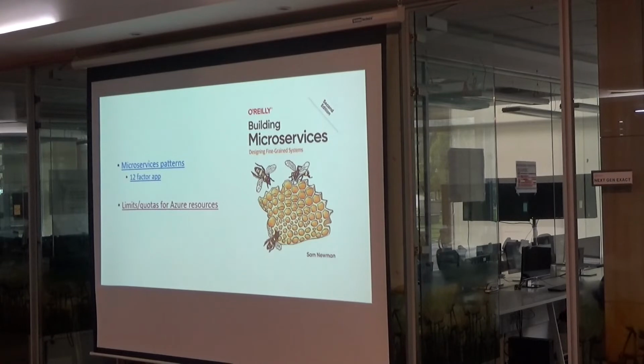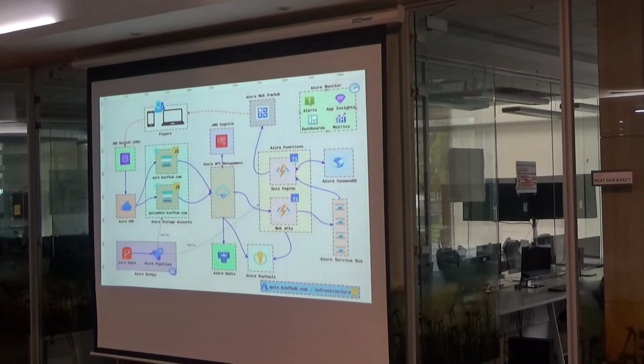You can look at it. So this is what the architecture looks like. It's mostly Azure. There is a little bit of AWS thrown in there, and the reason for that is contractual. ConfHub, the parent website for managing conferences and ticketing and all those things, was originally developed on AWS. Then Microsoft came along and asked us to develop QuizHub on Azure.